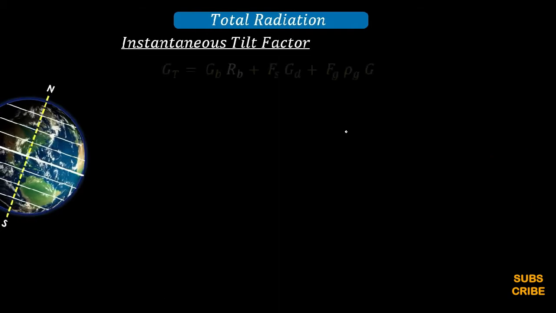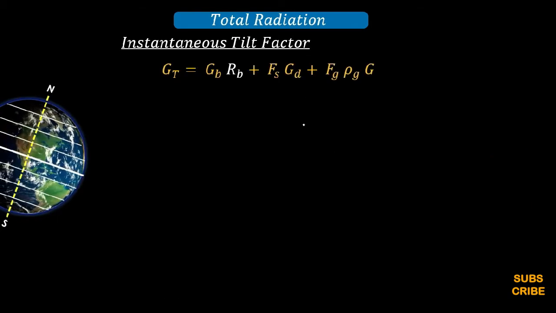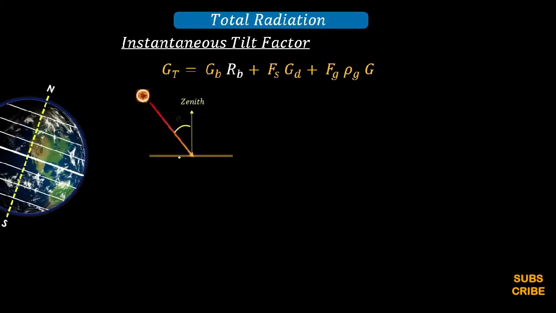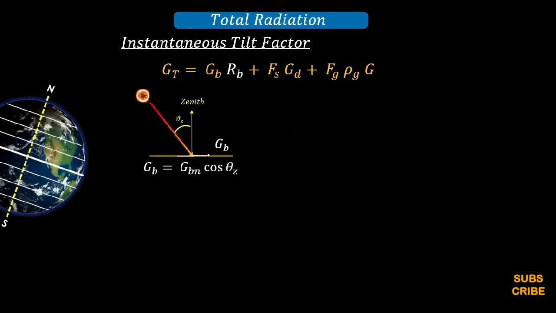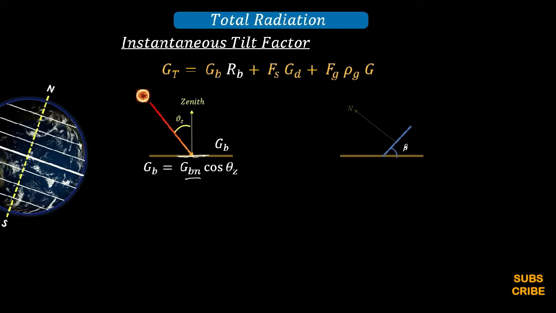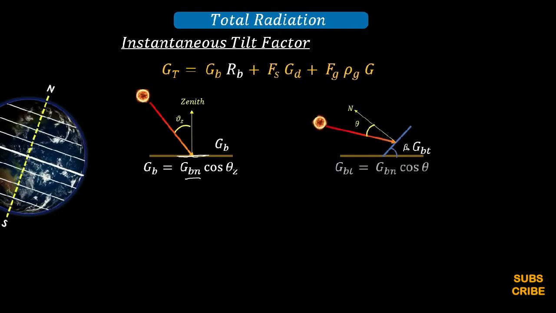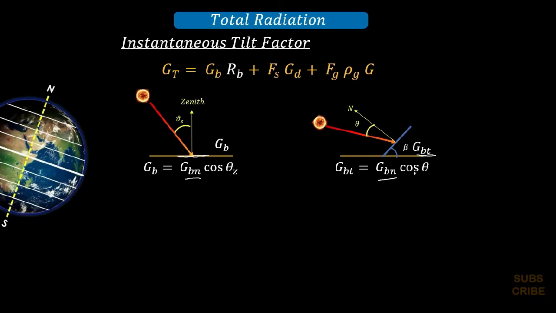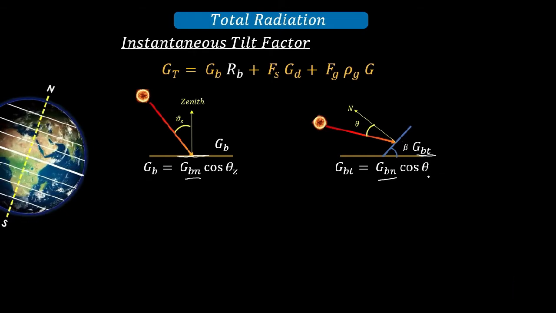Now just to visualize the instantaneous tilt factor of the plate, let's consider a plate which is placed horizontally on the ground. In this case the beam radiation on the horizontal surface would be calculated as beam at normal times cos of the zenith angle. In another case, if the plate is placed at an angle with slope beta, and we draw a normal to it, the total beam radiation on the tilted plate would be calculated as beam at normal times cos of the incident angle.